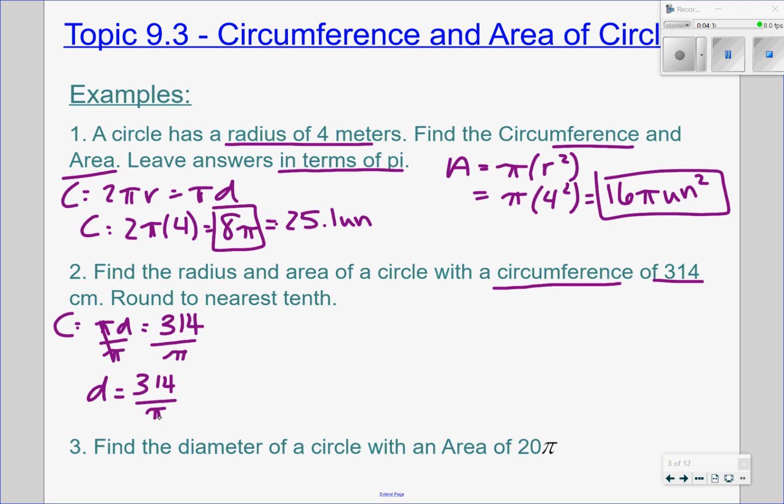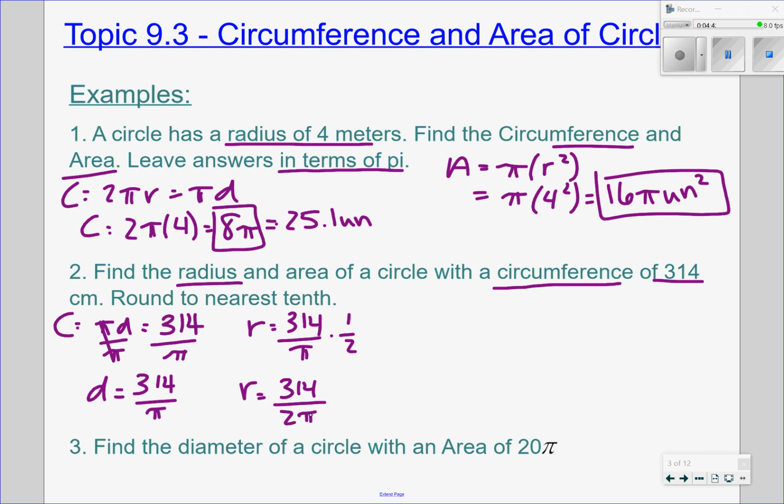Now, they asked us to find the radius. Well, we need to take this 314 divided by pi and cut that in half, or we could say that the radius is equal to 314 over pi multiplied by 1/2. So our radius is actually equal to 314 over 2 pi.